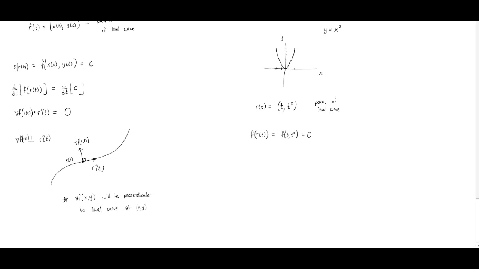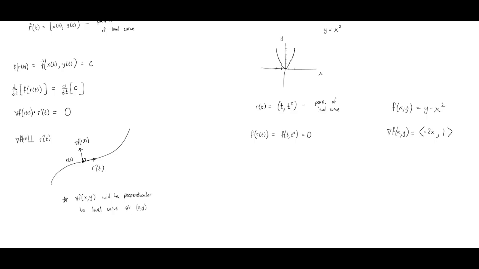So our function was y minus x squared, right? So here's what I'm going to do. I'm just going to compute the gradient real quickly. So remember, gradient is the vector of partial derivatives. So the partial derivative with respect to x is negative 2x. Partial derivative with respect to y is 1. All right? Is that good?